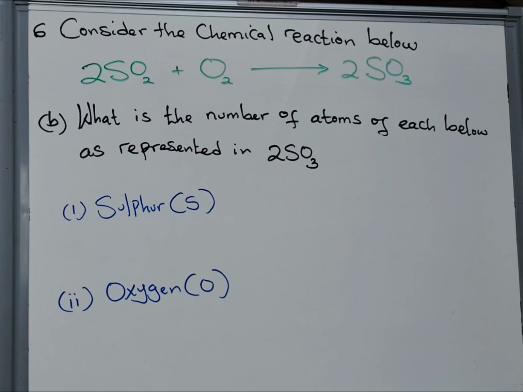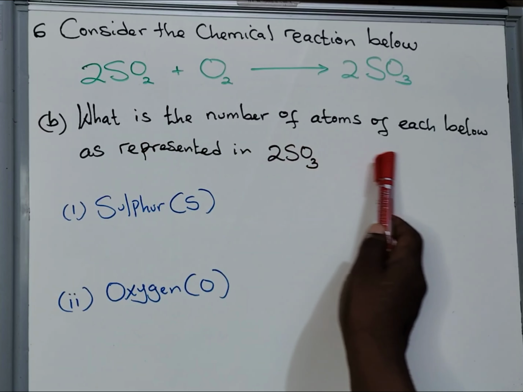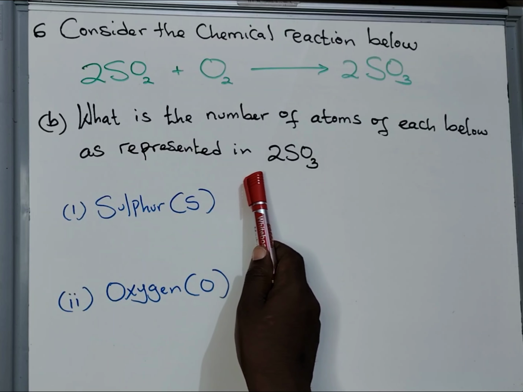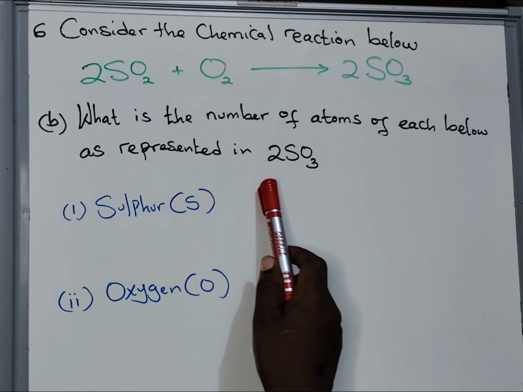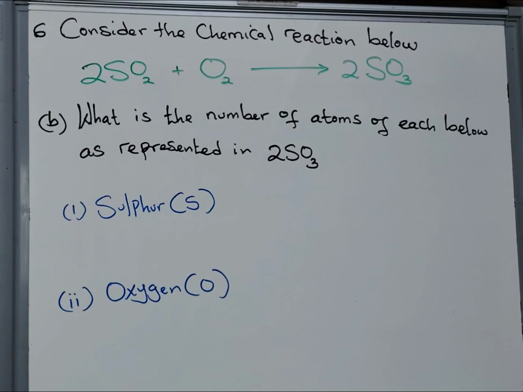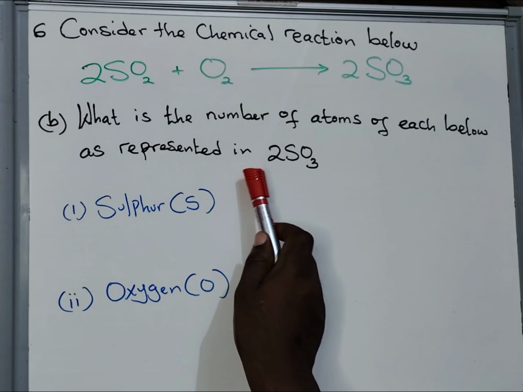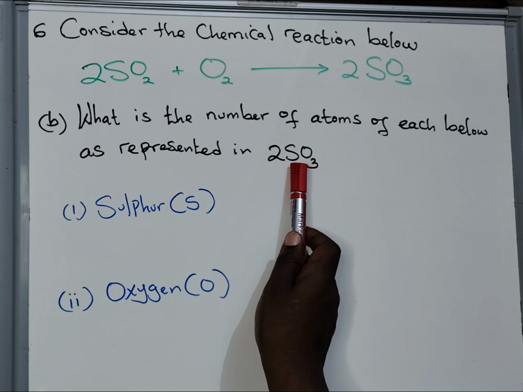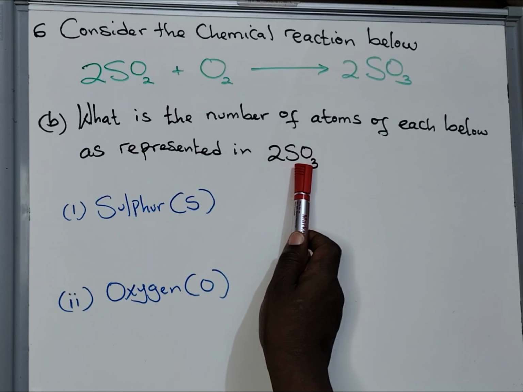So then comes this question. It says, what is the number of atoms of each below as represented in 2SO3? The first one is sulfur. So how many sulfur atoms are in this representation? This is what we have to know: when you see sulfur, there is no number for subscript.